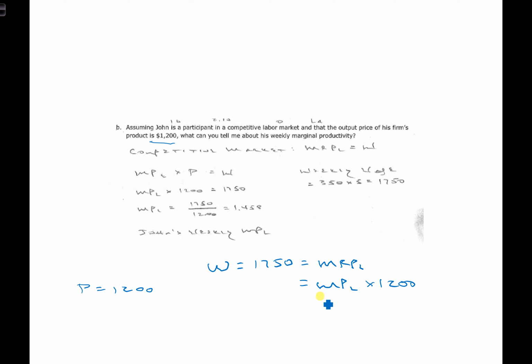So now, in order to find the marginal product of labor, we can simply take the $1,750 wage, divide it by 1,200, and it will equal the marginal product of labor, or that's 1.458. And that's how you do item B.